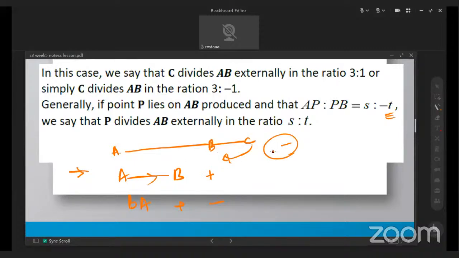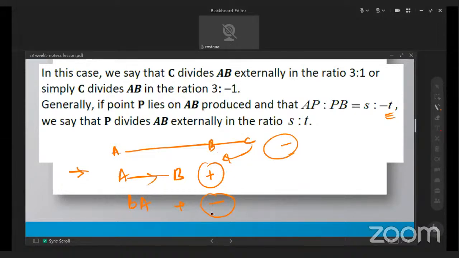That's when we get the positive and the negative part of it. That's literally how we are building on our ratios.